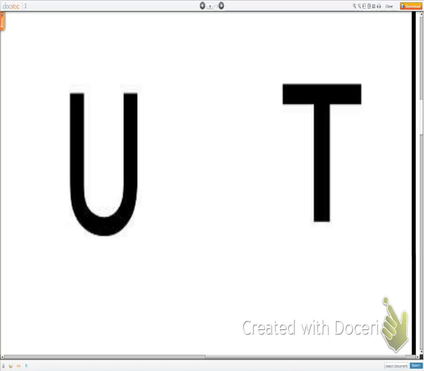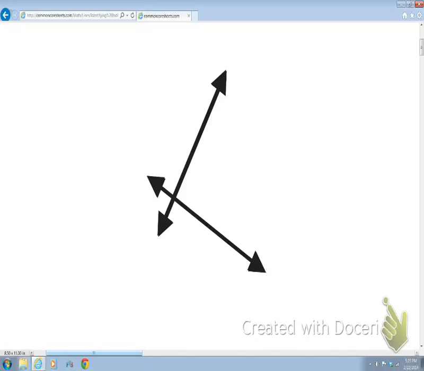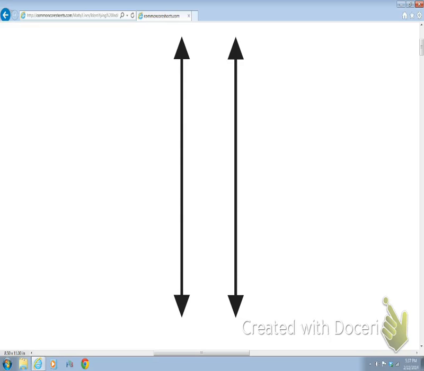All right, now I want you to write down the letter U and the letter T and write down your line of symmetry. Where would you place your line of symmetry on both of these letters? And is this line parallel, intersecting, or perpendicular? And are these lines parallel, intersecting, or perpendicular?